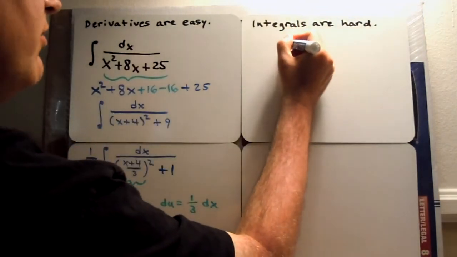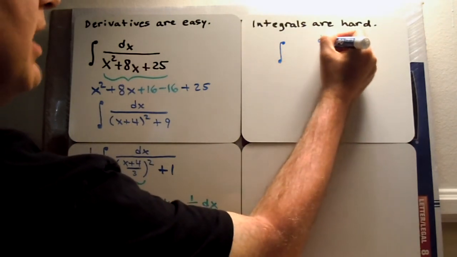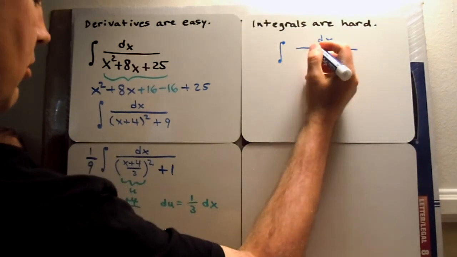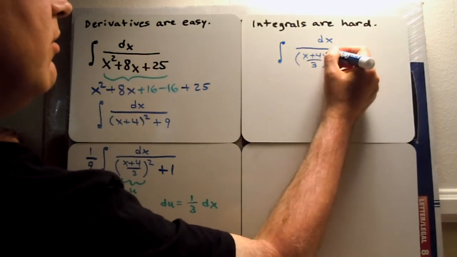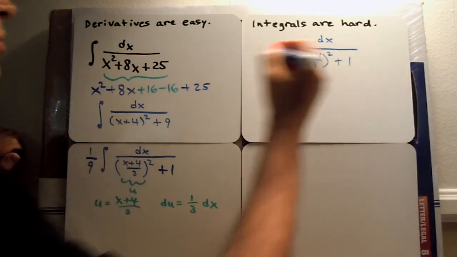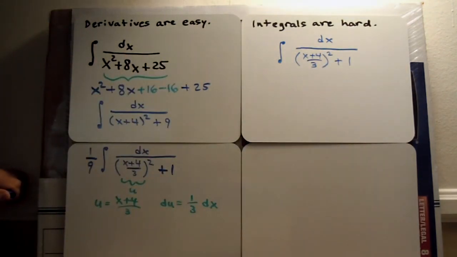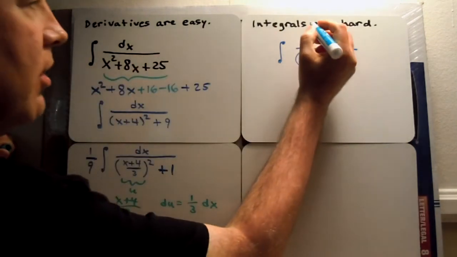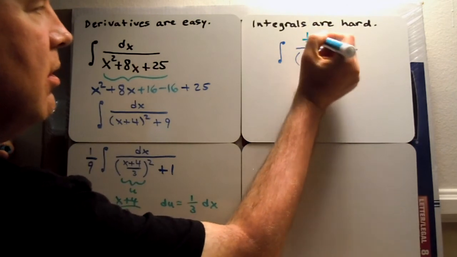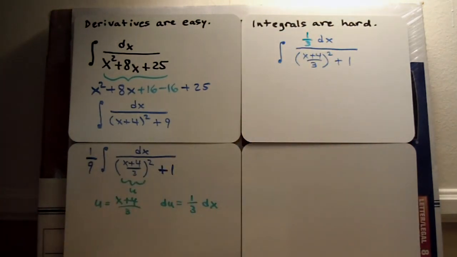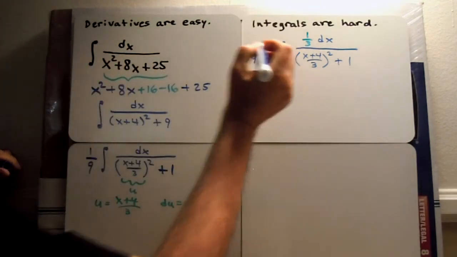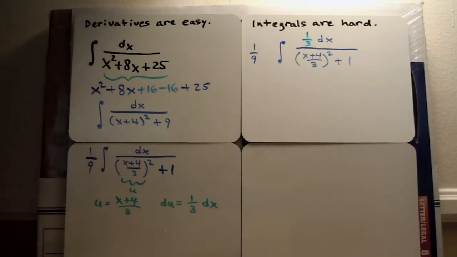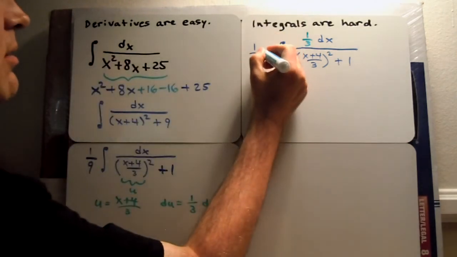We've got dx over x plus 4 over 3 squared plus 1, and I'm going to go ahead and put the 1/3 there. And then we have the 1/9 that's already out front. And if we compensate with 1/3, we're multiplying by 3.